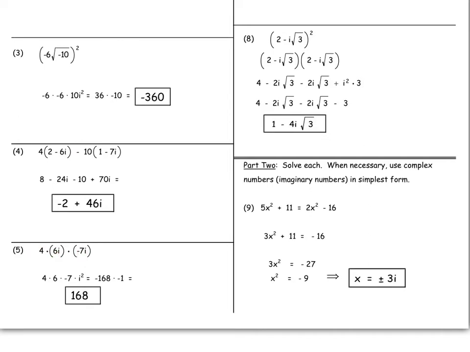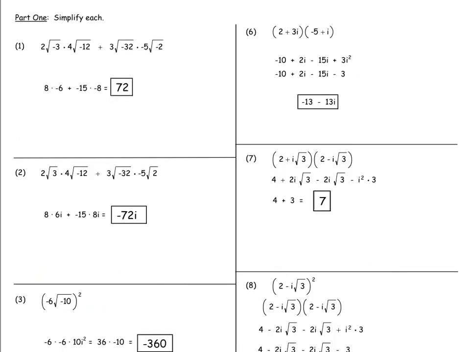So all I have to do is multiply the 4 times the 6 times the -7. The i from here, multiplying the i from here, gives me i squared, which gives me another negative sign. So when I have -168 from here times -1 from here, it's positive 168.